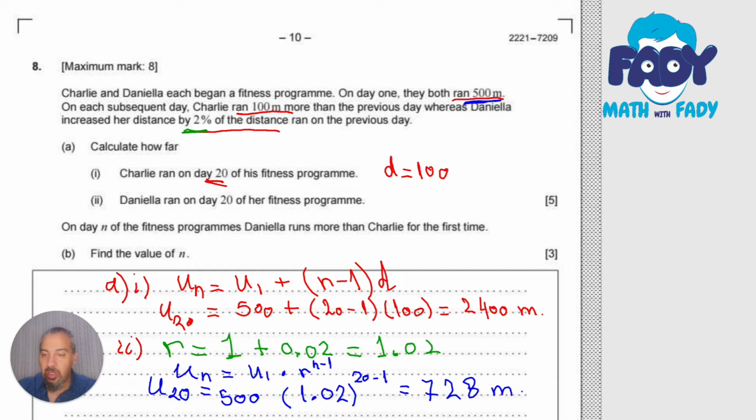Then, on day n of the fitness program, Daniela runs more than Charlie for the first time. So there is a specific day n when Daniela runs more than Charlie. Obviously, on day 20, Charlie ran 2,400 and Daniela ran only 728. But on one specific day, she will run more than him. Find the value of n. So how would we calculate this value of n?